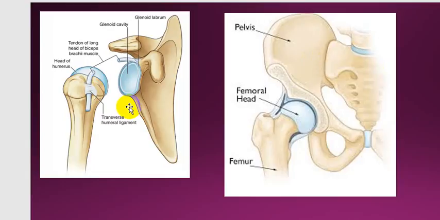You can see this is your hip joint, and this is the ball and socket of your hip joint. This is the ball and this is the socket, and they form the joint of your shoulder.